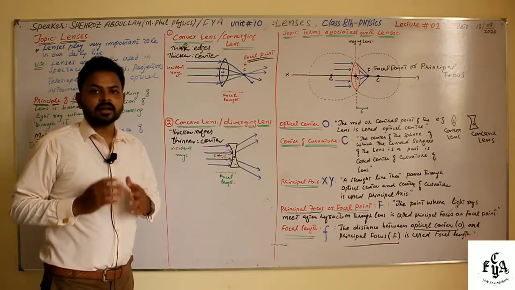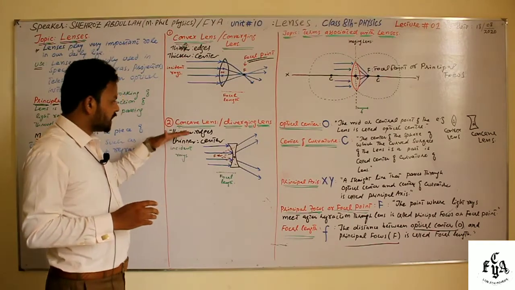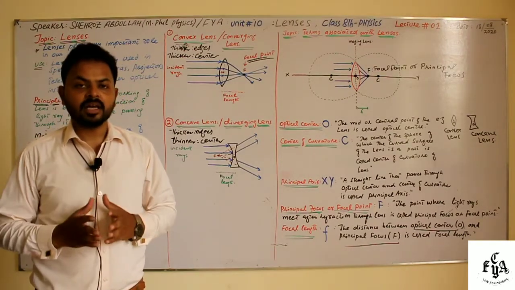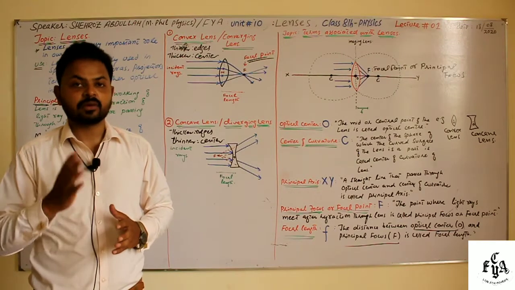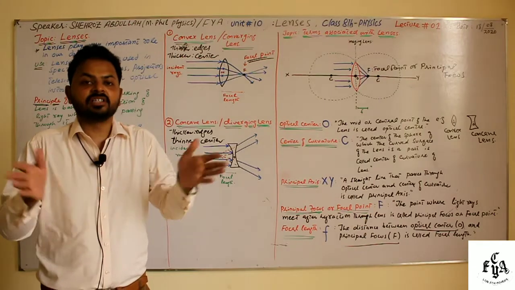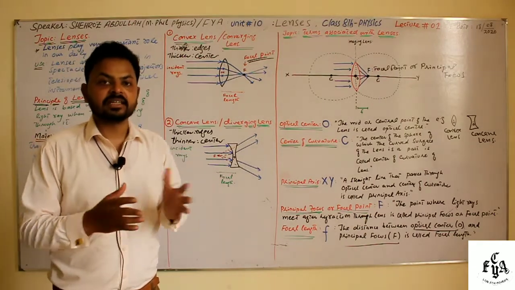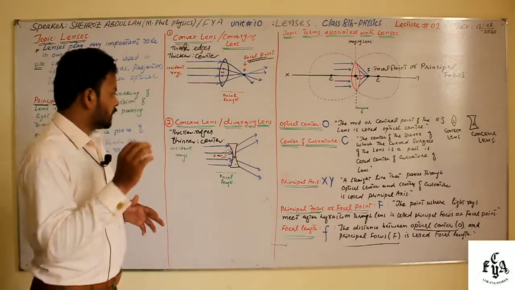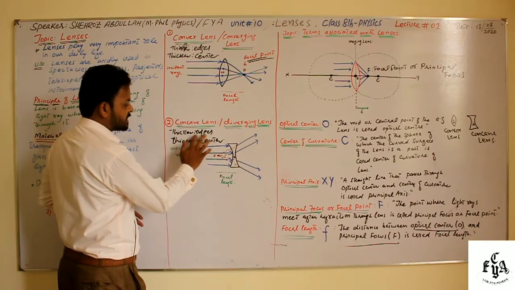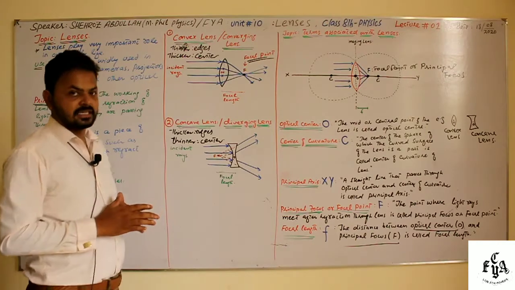Now we come to the second lens, the concave lens. Do remember one thing, the concave lens is also known as a diverging lens. Why? Because it has the ability to diverge the beam of incident rays falling upon it. A concave lens is thicker at the edges while thinner at the center.